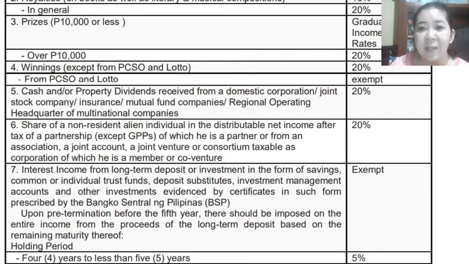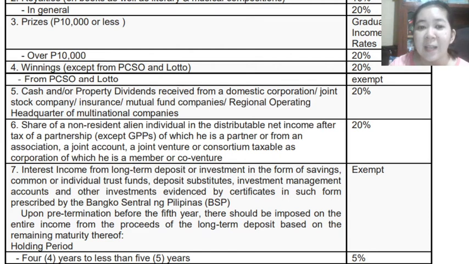In this case, if the taxpayer has an investment or is a shareholder of a domestic corporation, meaning a corporation that is created and located here in the Philippines, or from a joint stock company, or from insurance, the insurance company may also give certain dividends, or mutual fund companies, regional operating headquarters, or the taxpayer can also be a shareholder of a multinational company which has a regional operating headquarters here in the Philippines.